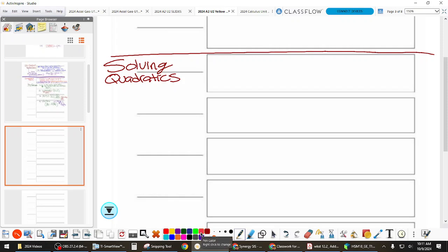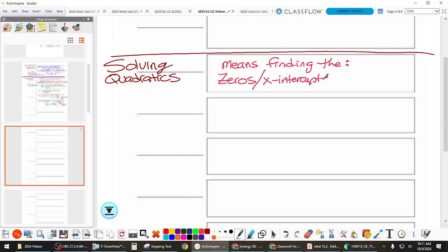Okay, solving means finding the zeros. I'm gonna put several words here. They're all the same. Okay, finding the zeros, x-intercepts, roots, and we sometimes say solutions too, but we'll just leave it at that for now.